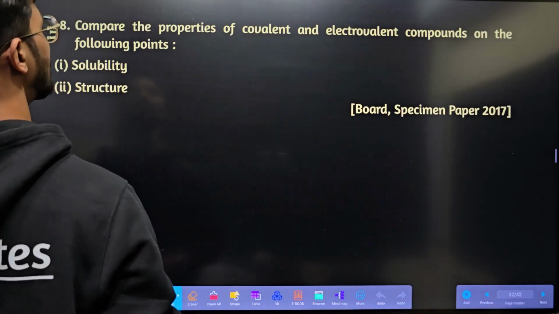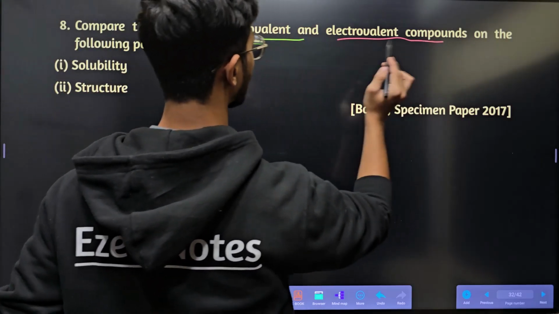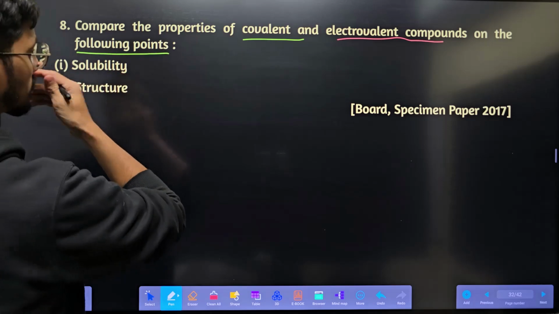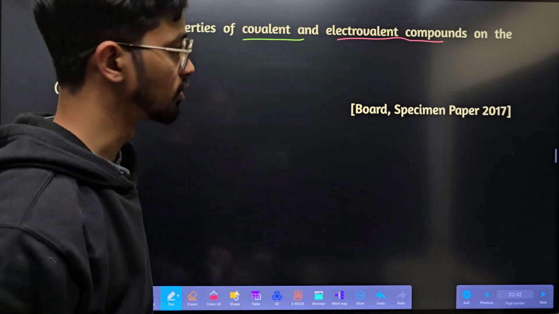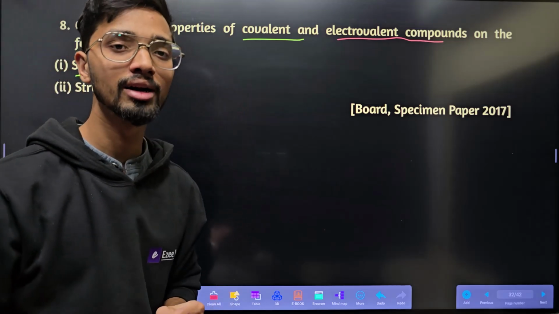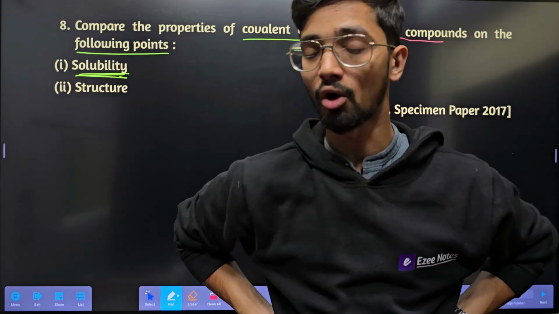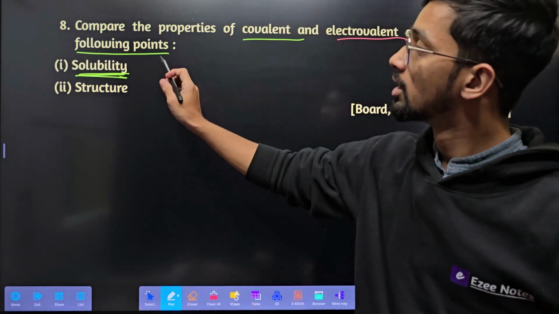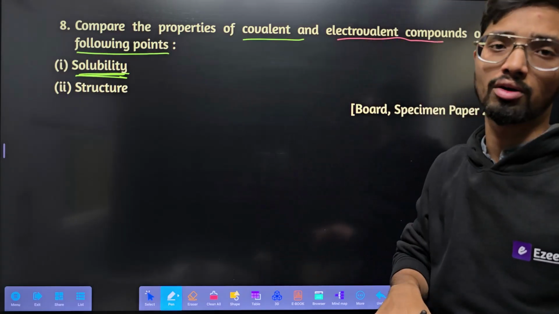Next, compare the properties of covalent and electrovalent compounds for the following points. First thing is solubility. Covalent compounds are soluble in organic solvents but not soluble in water. How about electrovalent? They are soluble in water but insoluble in organic solvents.